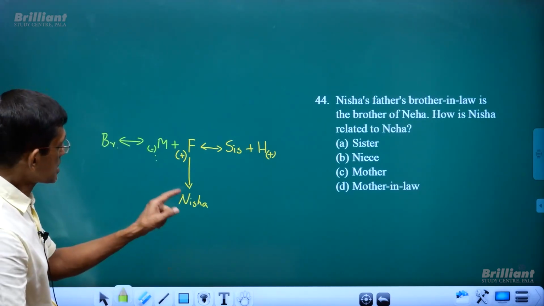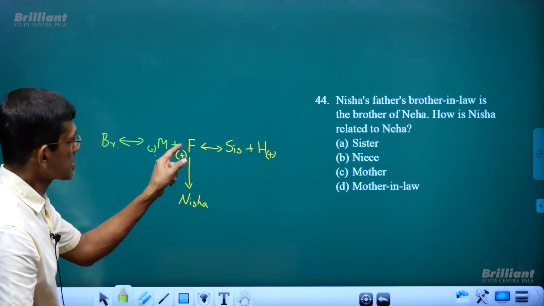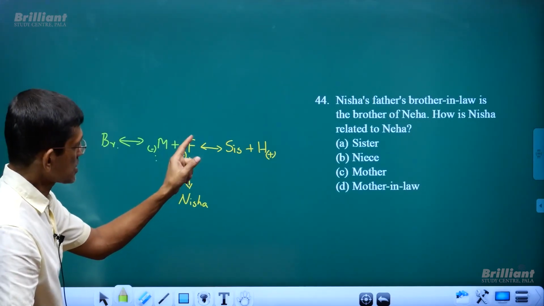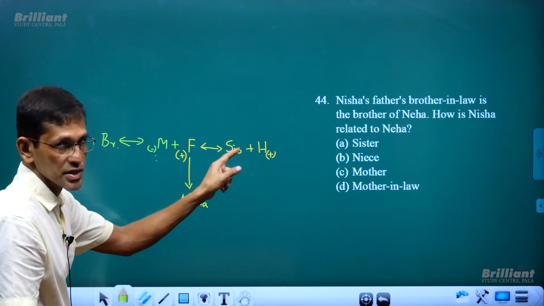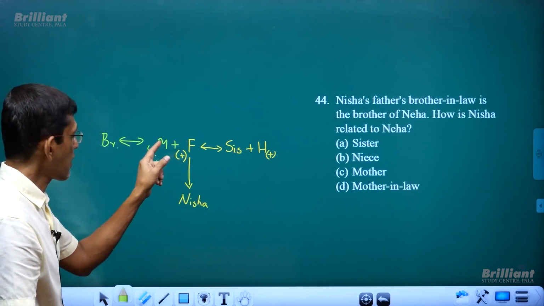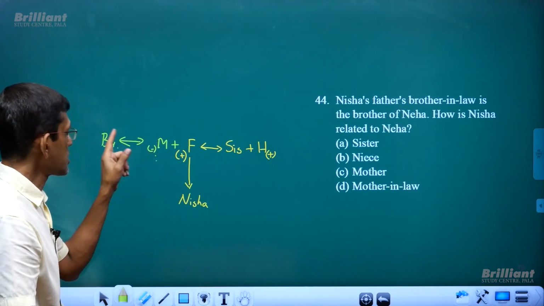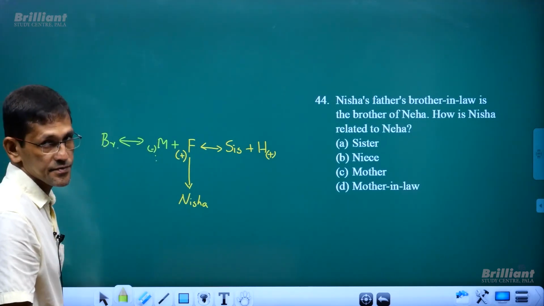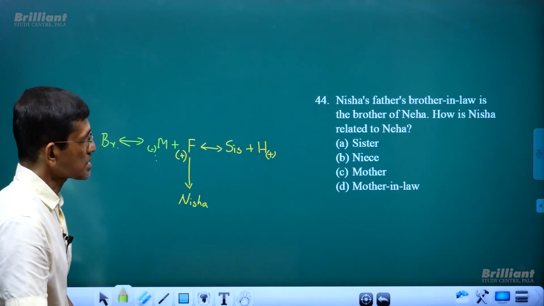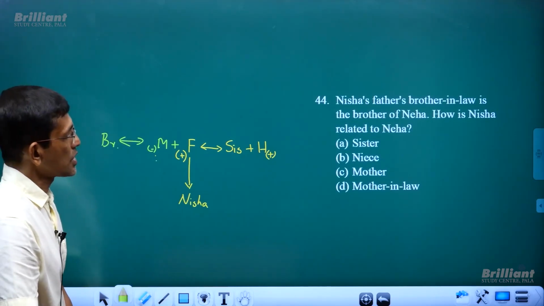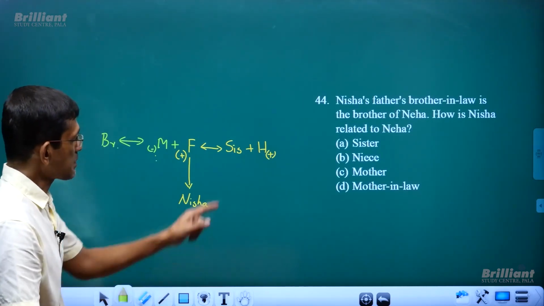So ultimately, Nisha's father's brother-in-law is his sister's husband or his wife's brother. Wife's brother means Nisha's mother's brother. So these are the two possibilities.